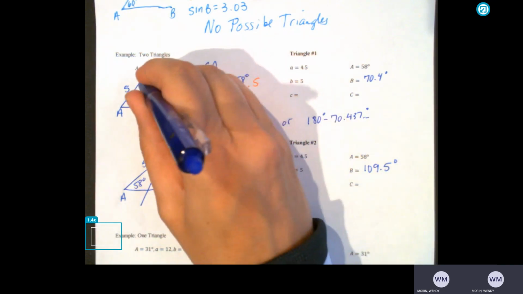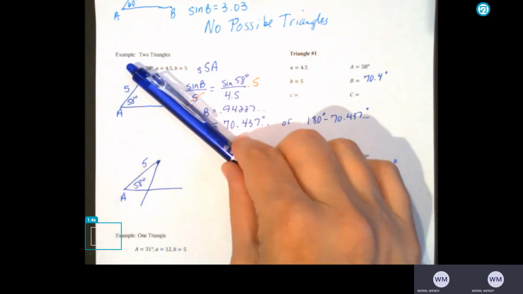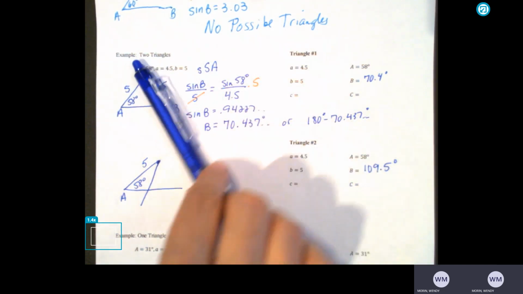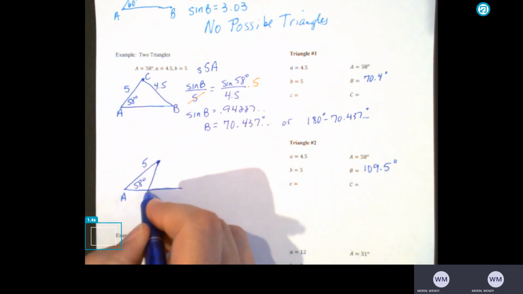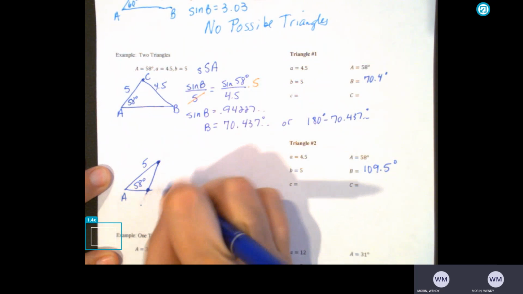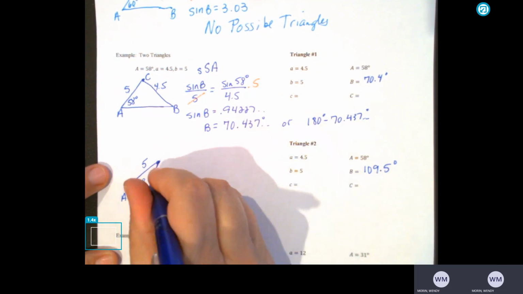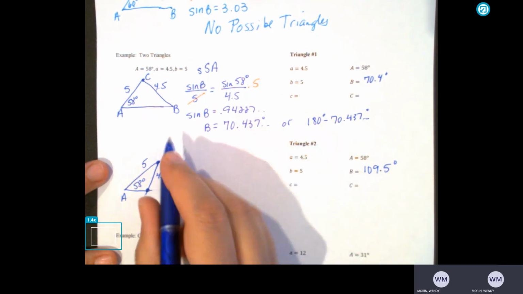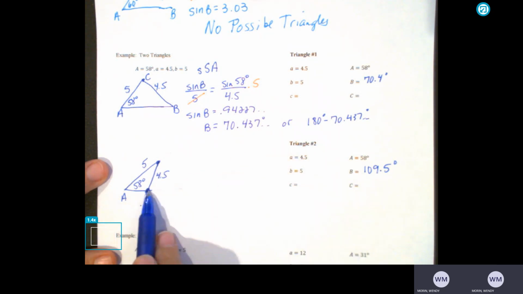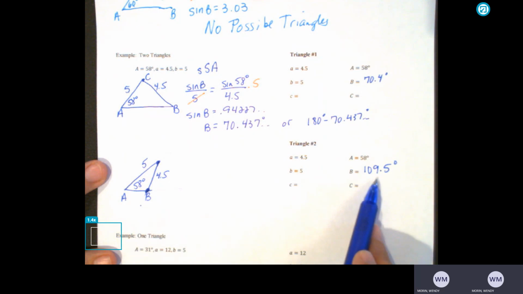So I can take my 4.5 side and connect here, or again, I can swing it in and it actually will connect here at 4.5. So that's how you get the second triangle with that given information. And notice that this angle right here, which is angle B, will end up being obtuse.